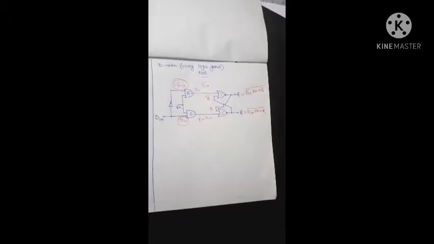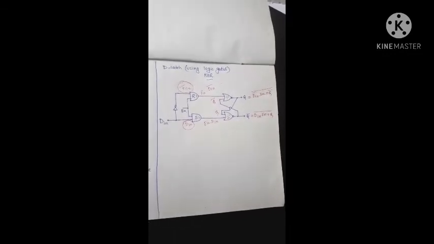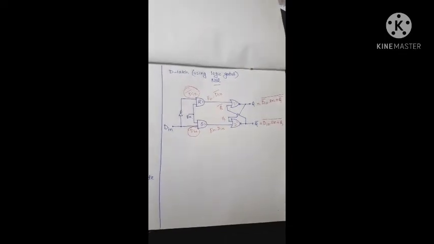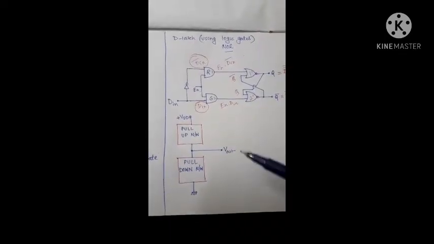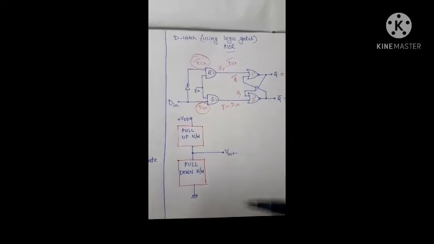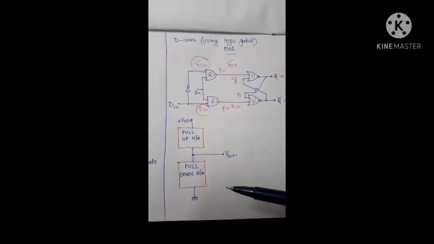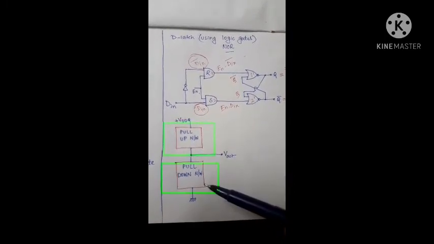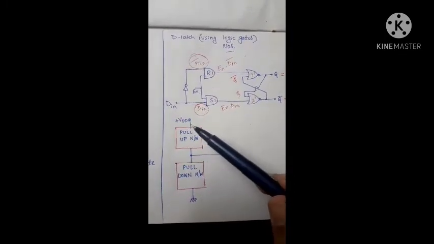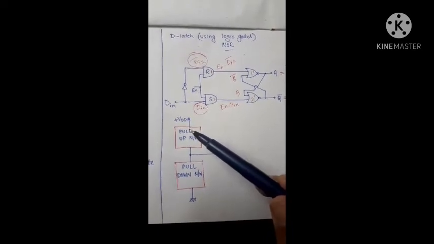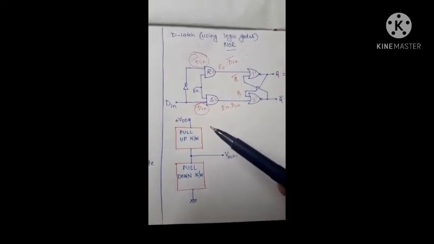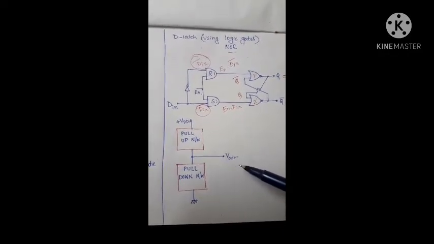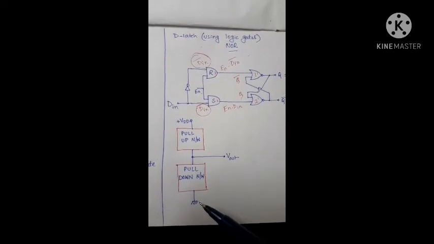Similarly, we can also implement this circuit using CMOS, and that is our main objective. Now we all know a CMOS circuit consists of two main blocks. One is the pull up network, another is the pull down network, and here we have to apply a DC voltage of around plus 5 volt, and from this terminal we will connect the output voltage, and this is grounded.